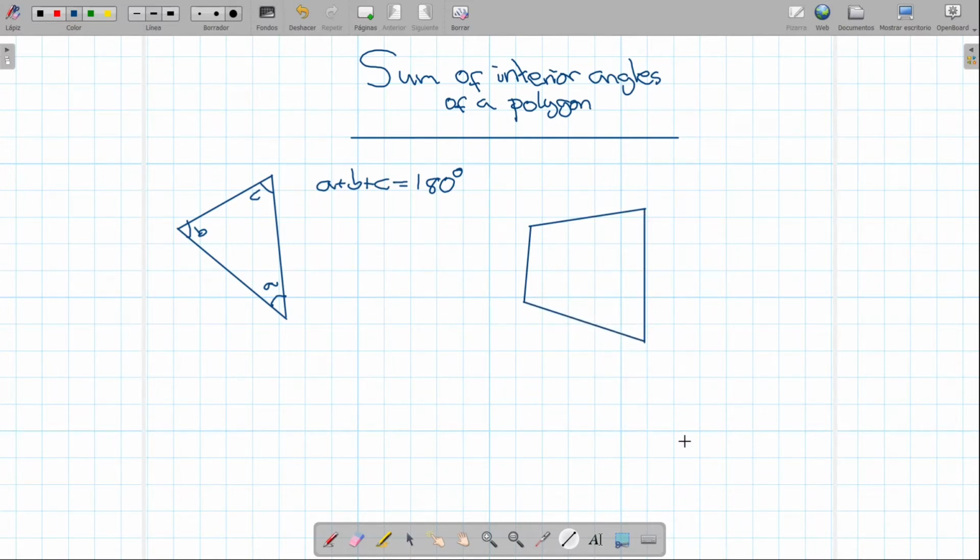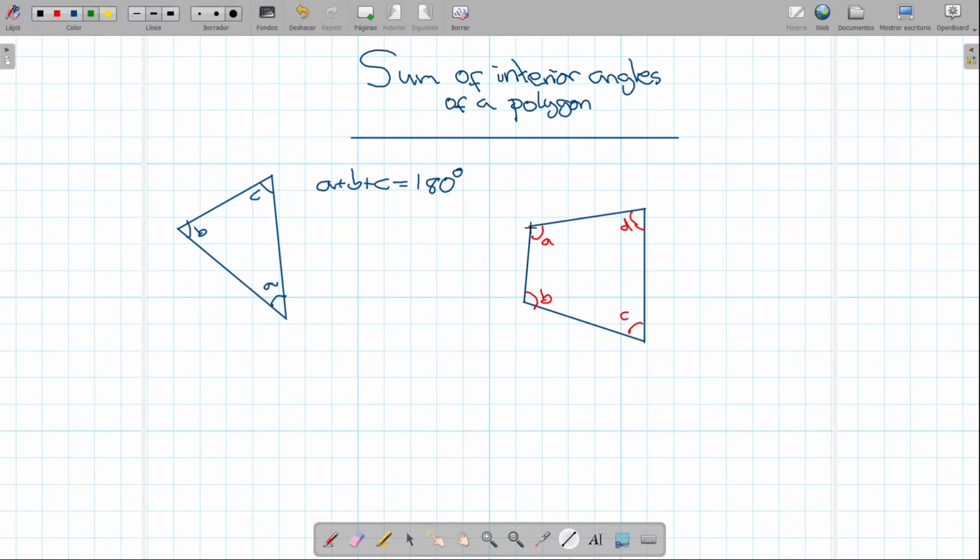So let's see this. The interior angles would be, I'm going to call them A, B, C, and D. But now look at what we're going to do. We're going to create non-overlapping triangles.